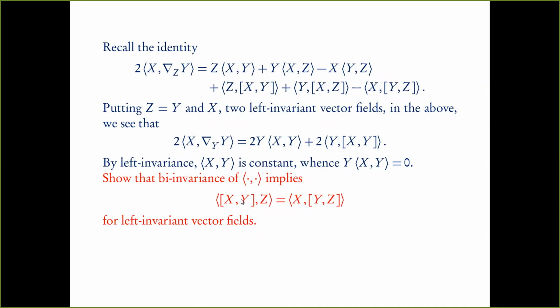The way I would like to think of this is you have x and z as the two inputs, and then y can pair with x on the left, or y can go on the right and pair with z. It says no matter how you pair y, with x on the left or z on the right, they're the same. That's what bi-invariance means in terms of its interaction with the Lie bracket. This is an exercise that I would highly recommend people to do.